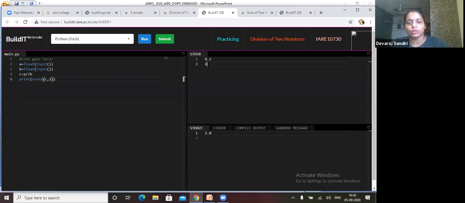If I give a float, see here, float 2 and 4.2. What is the output? 2.0 should come, but here we are getting 1.0. Means if I give a single slash, that is only division, we get 1.95, and rounding off to 2 points means only decimal point rounding will come. After the decimal point, however many numbers you want, that many you will get.